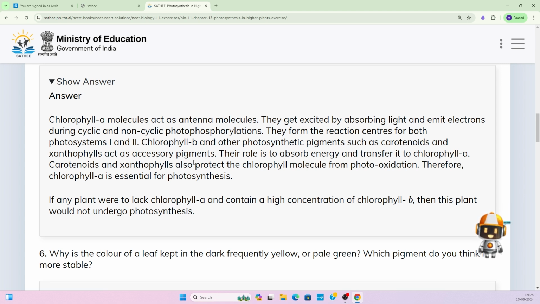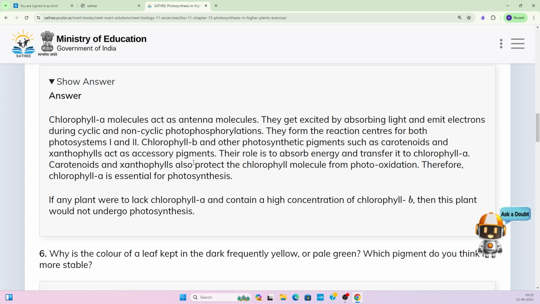It gets excited, but after the excitation, where does it transfer the electron? It cannot transfer the electron directly to the first acceptor molecule that receives the electron coming out from photosystem 1 or photosystem 2.